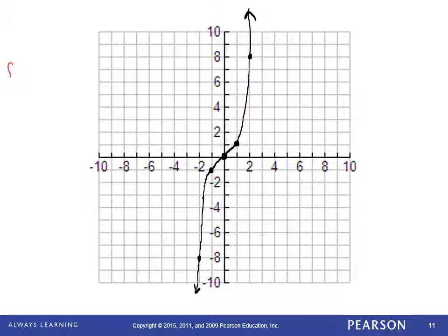All right, now we're trying to graph, actually I should say put y, g of x, sorry. Here's my original function, x cubed. g of x, the next one, is going to be x minus 1 cubed.